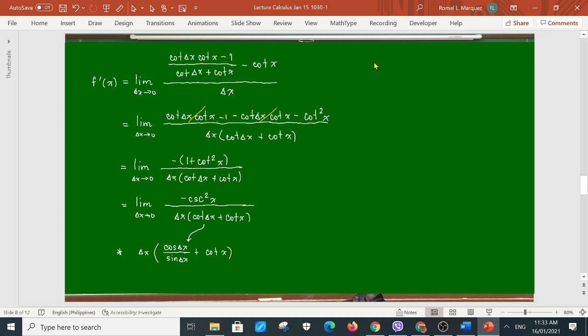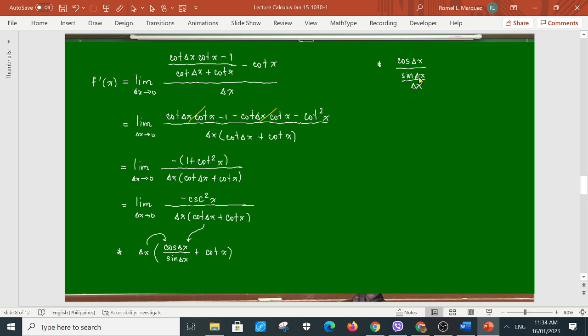So I can write that cosine of delta x over delta x. If I multiply inside, I put it under sine delta x.